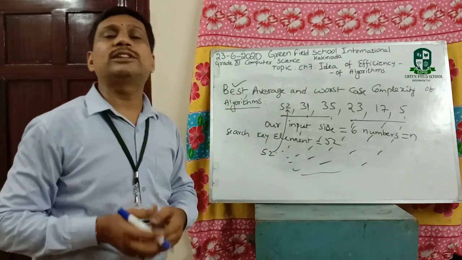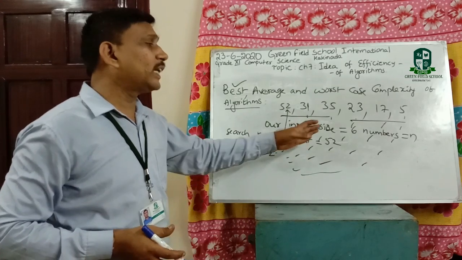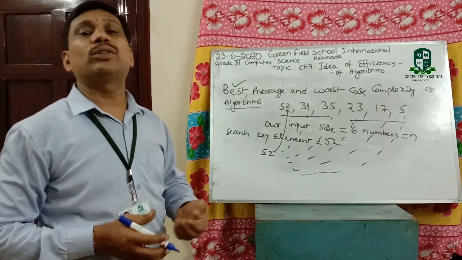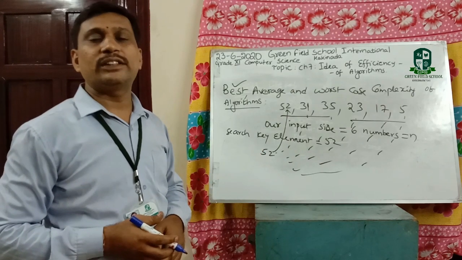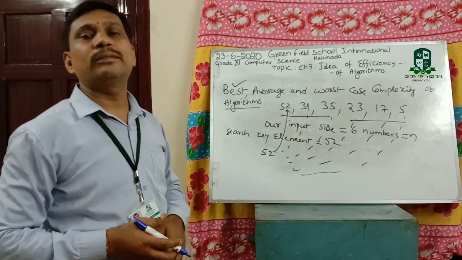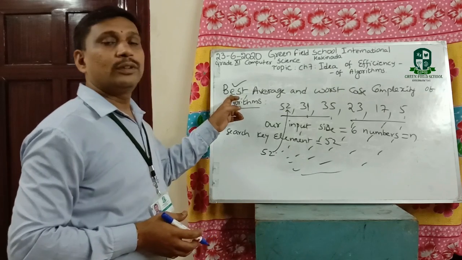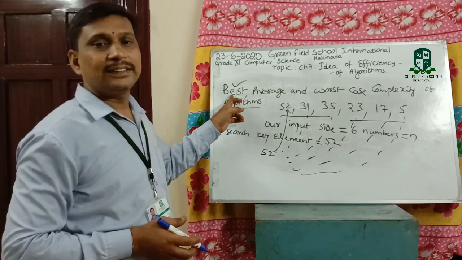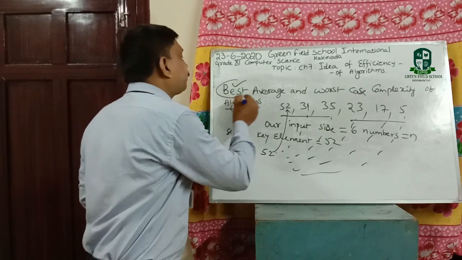I am taking the minimum steps to solve this problem. When the input size is n and I solve the problem with a lesser amount of steps, the time taken is very less. That minimum time is what we call the best case.